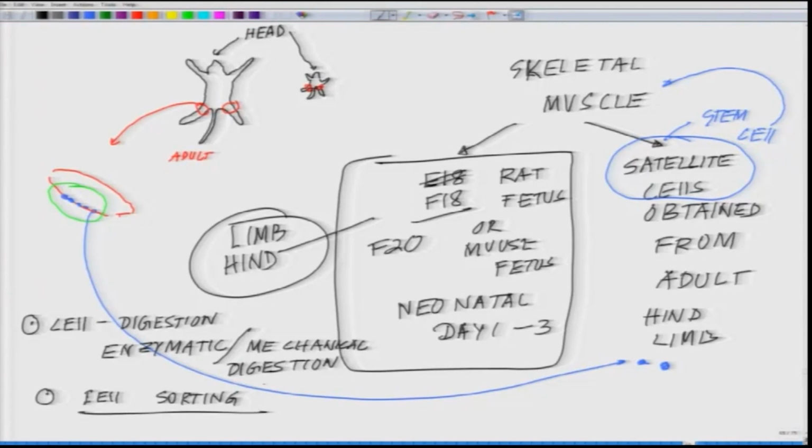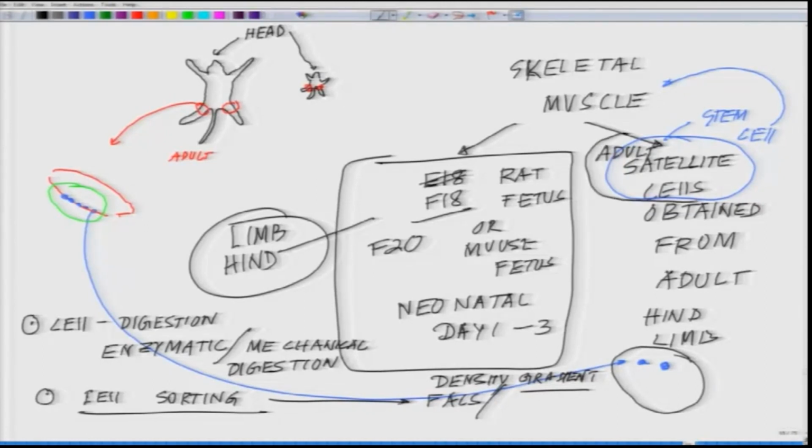Once you sort out these cells, you may have to use FACS or some other density gradient, or some kind of immune marker, to isolate these satellite cells, and then you have to grow them. So this is a long route where you have to grow from the adult satellite cells, and when you grow from adult satellite cells, your success rate is not that easy. It is kind of tricky.